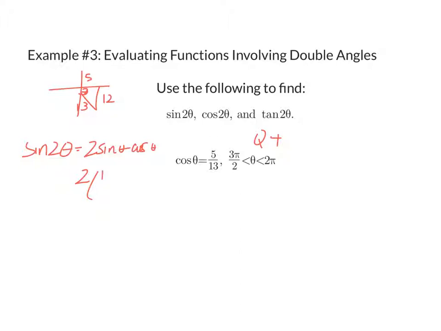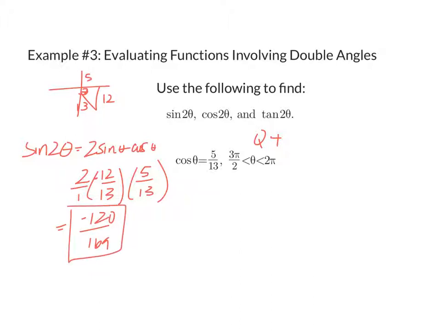So that'd be 12/13, but sine is negative in that quadrant. And then times cosine, which is 5/13, and cosine is positive in that quadrant. If I multiply all the tops and all the bottoms, I'm going to get as an answer negative 120 over 169. And that's your answer. Let me switch colors for the next one.